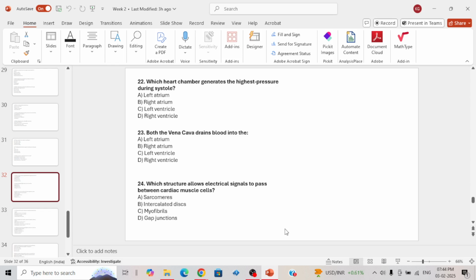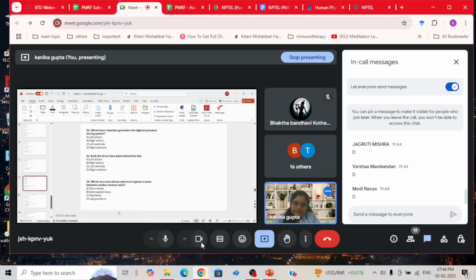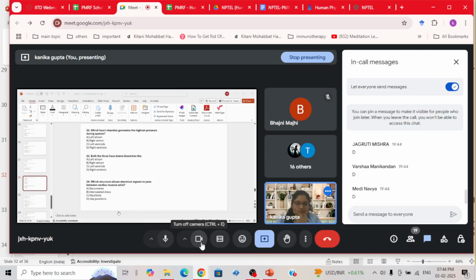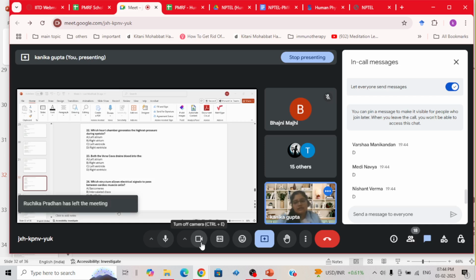What should be the answer? Yes, it is the gap junctions. These gap junctions allow the signal to pass from one cardiac muscle cell to another. Okay.